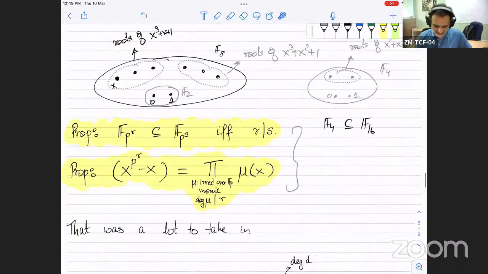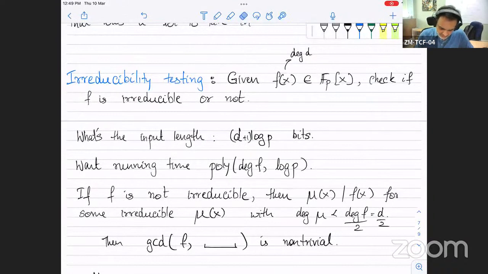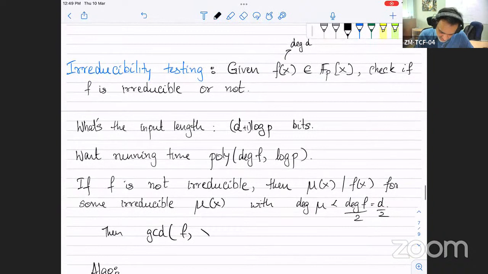All I'm saying is that then GCD of f with x power p power r minus x is not equal to 1 for r equal to degree of mu.